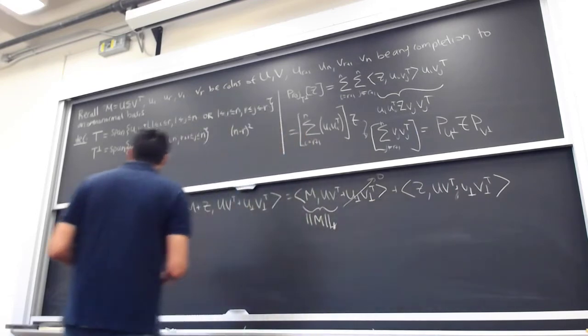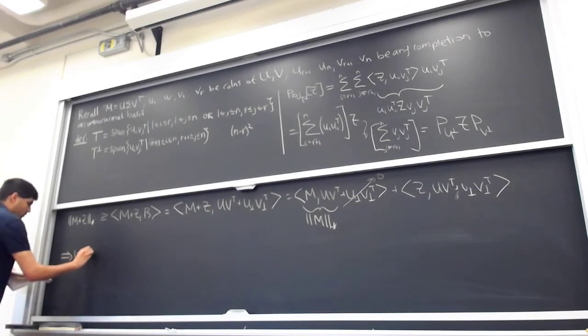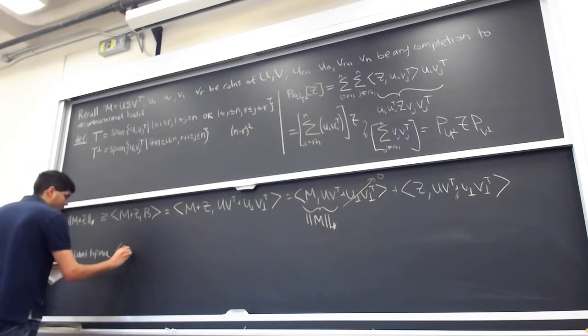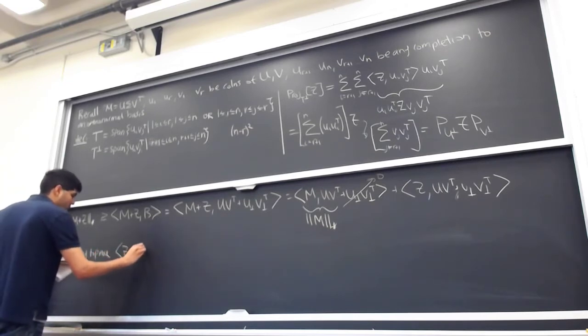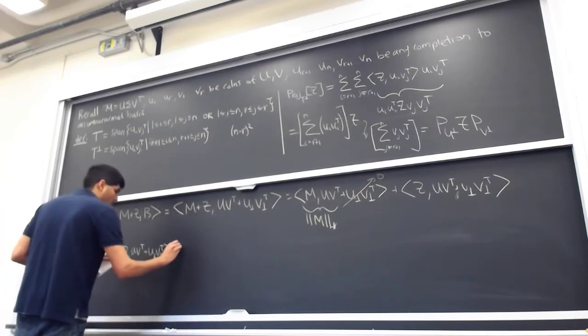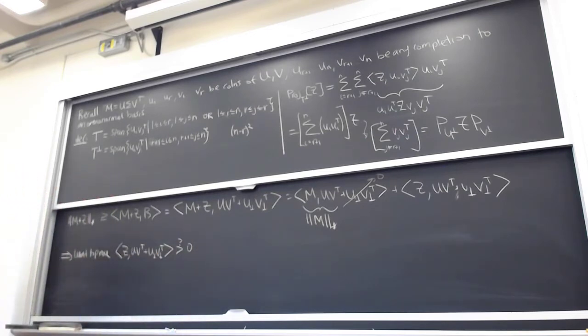So I claim that at the end of the day, all we want is to prove that the inner product between Z and UV transpose plus U perp V perp transpose is strictly larger than 0. That would imply exactly what we're after, that nuclear norm minimization exactly recovers M. That would be the completed argument.